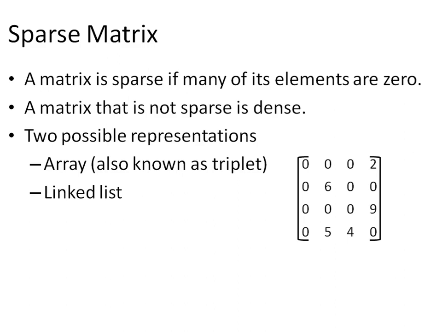So, it's a sparse matrix and there is no relation with respect to the positions of these 5 elements. The two popular ways to store such a matrix are using arrays and using linked lists. Here we will look at the array representation of a sparse matrix, which is also known as a triplet.